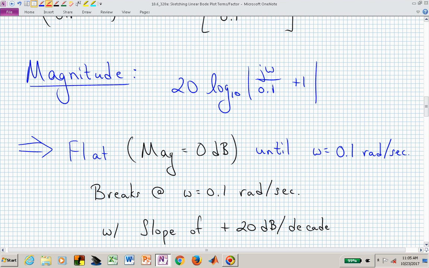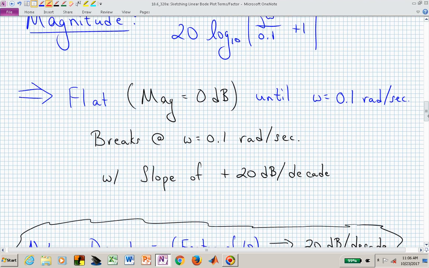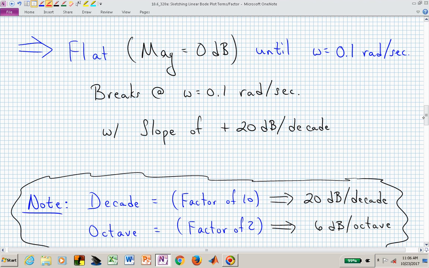So as we change omega by a decade, which for understanding purposes, a decade is a factor of 10. You've heard of a decade of years. You're 20 or you're 2 decades old, you're 20 or so. An octave actually is a factor of 2.